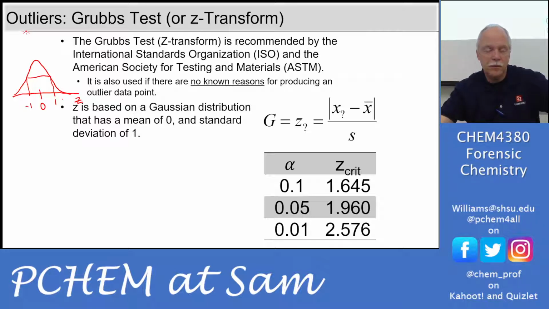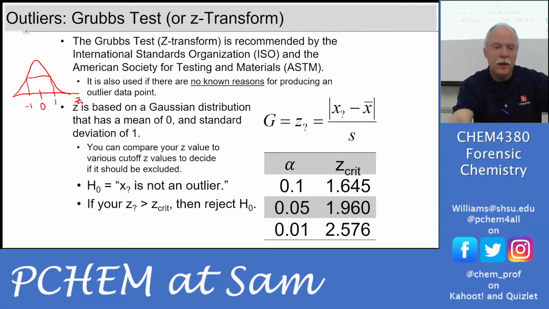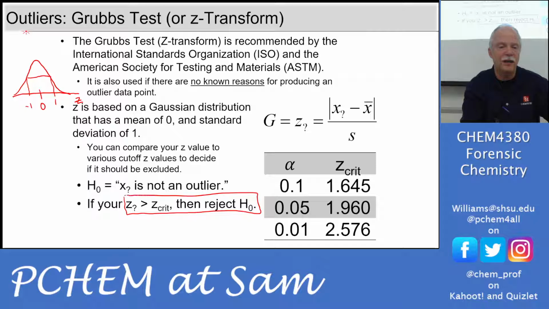Okay. And so you can compare your Z value to the various cutoff values in this table to decide if it should be excluded. So the null hypothesis, again, is the question data point is not an outlier. And so if Z question mark is greater than Z critical, then reject H0.